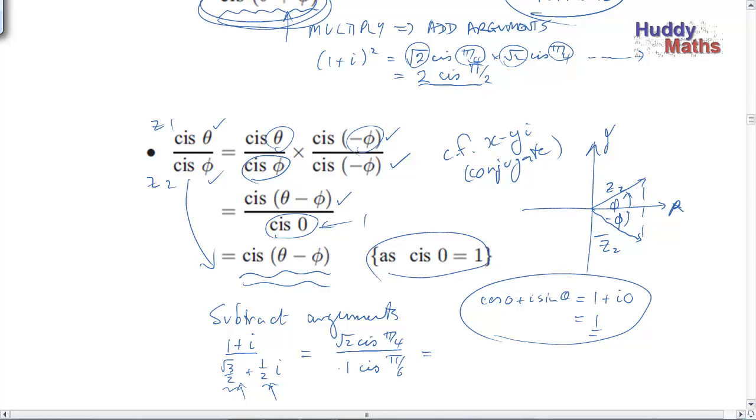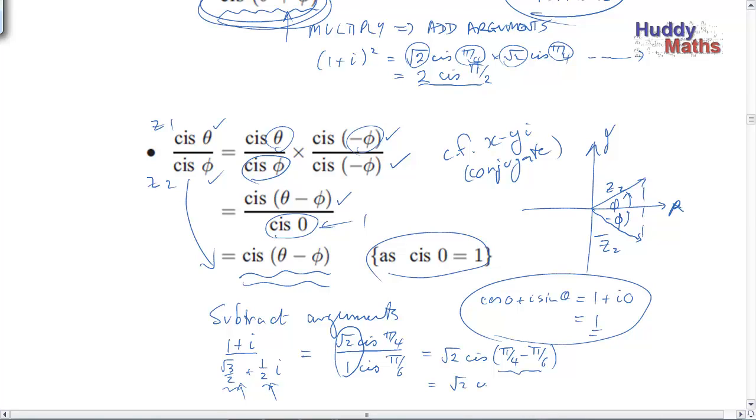Now let's do the division of this. The moduli division is just normal real number division, so it's root 2, but now it's cis pi on 4 take pi on 6.